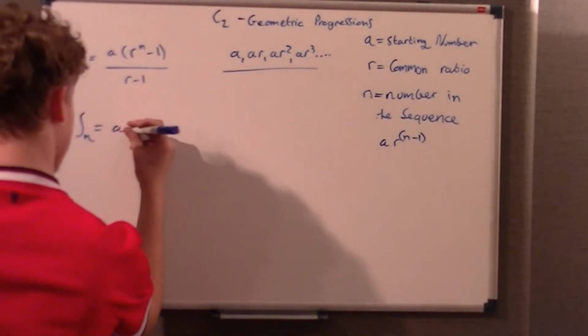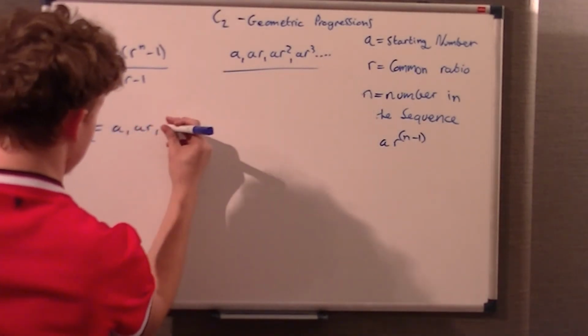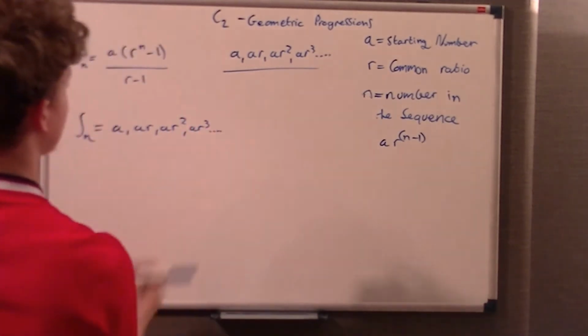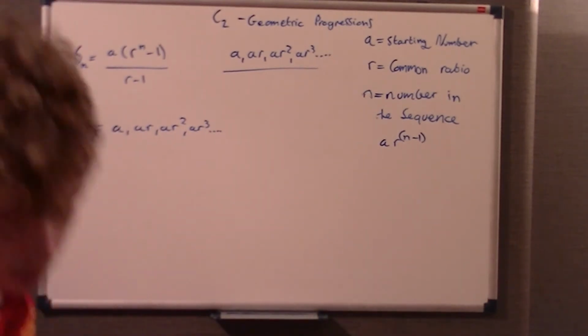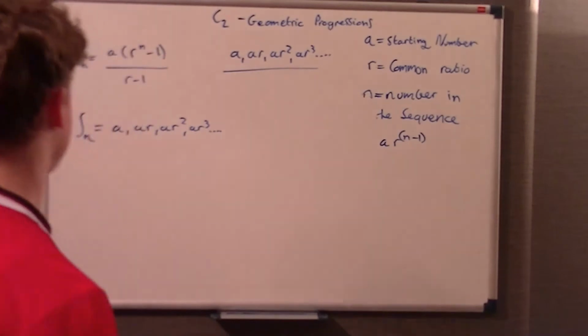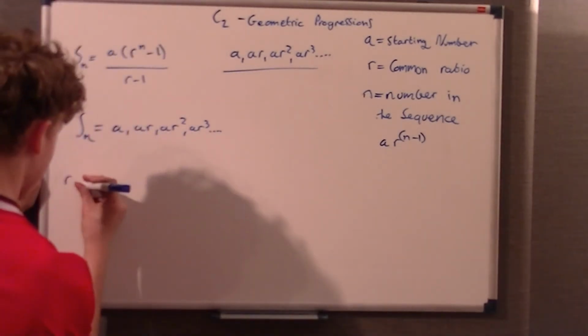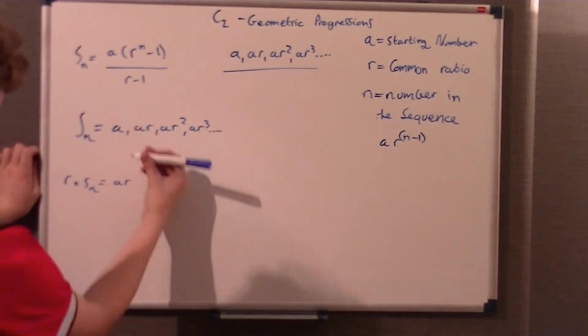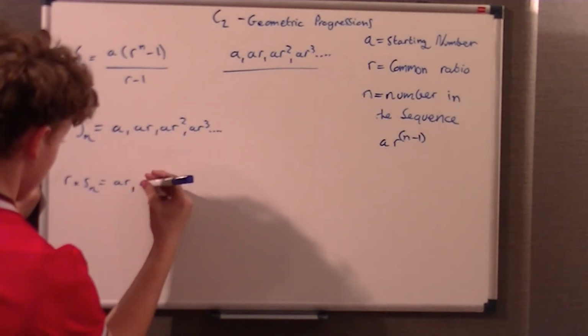So Sn equals A plus AR plus AR squared, AR cubed, etc. Now if we multiply both sides by R, R times Sn equals, now this A becomes AR, and AR becomes AR squared.